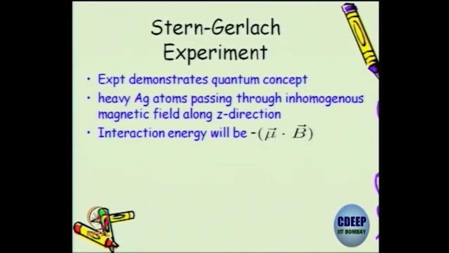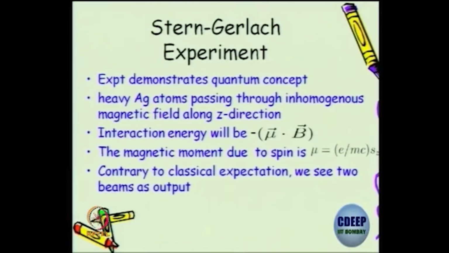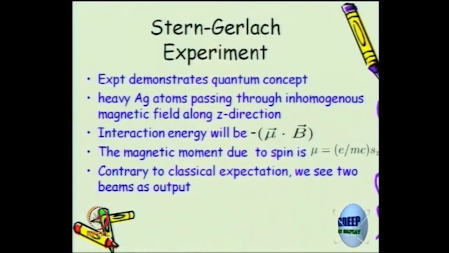Just like the way we write it for the orbital angular momentum, we can put the interaction energy with the spin component of the magnetic moment as mu dot B. And if I take the magnetic field along the z direction, then the magnetic moment is proportional to the z component of the spin. These things we had done earlier. So, contrary to the classical expectation, we see two beams. This is why I said it is a quantum result.